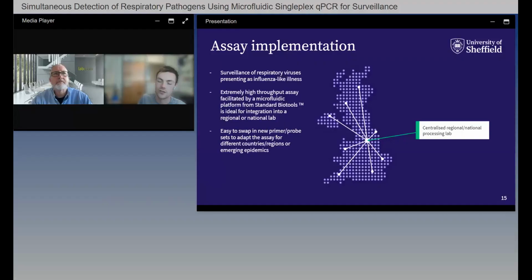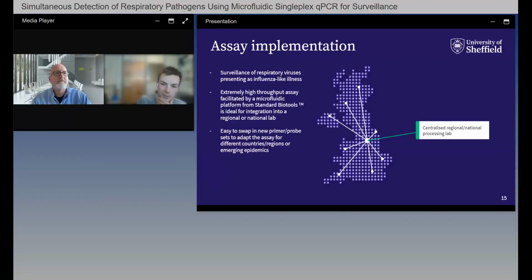So either a regional lab where samples can be pulled from multiple locations, or a national lab depending on the size of the country. So for example, if the study was going to be set up in the Gambia, it would probably just be a national lab in the main capital or in the medical research unit, where swabs can be pulled from all around the country and tested, potentially weekly if enough swabs are collected on a weekly basis.